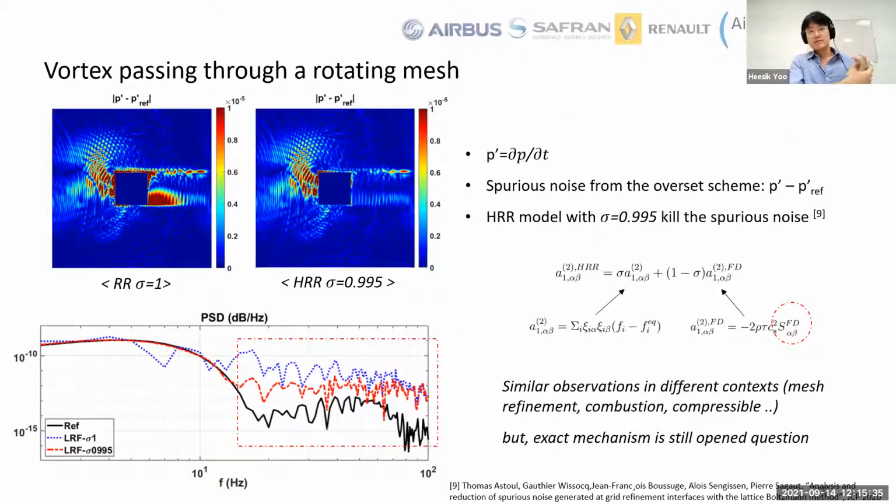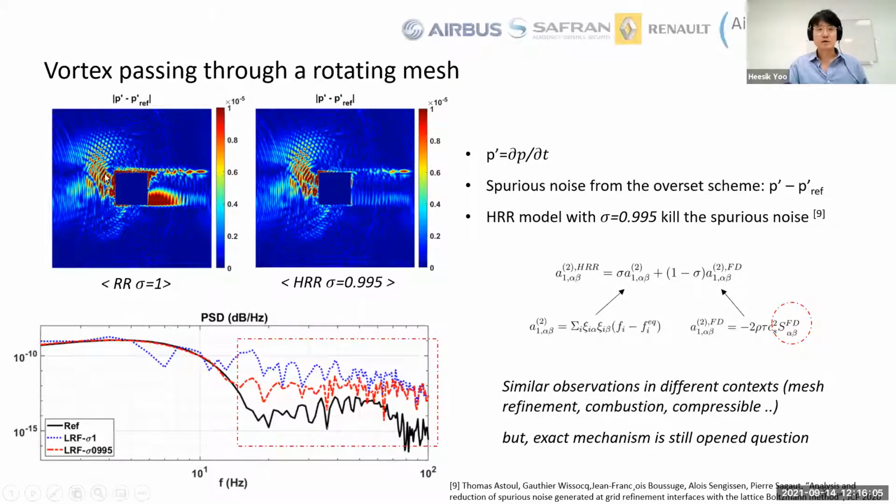And this is the same convective vortex test case, but this time I checked the spurious noise. Here I define the noise as a fluctuation of pressure. I ran the same vortex simulation on the overset scheme, and the same vortex simulation on the single fixed mesh, and I subtract those two pressure fluctuations to evaluate the spurious noise which is generated from the overset scheme.